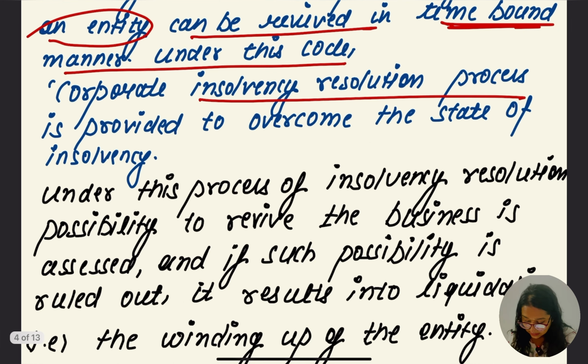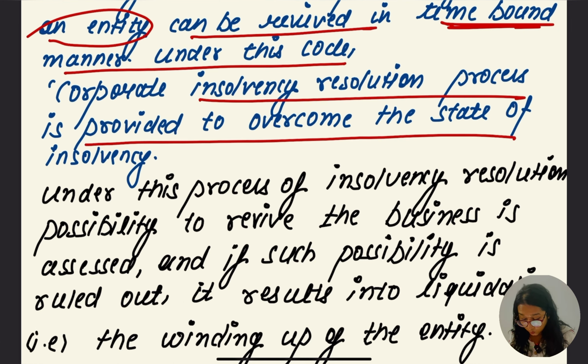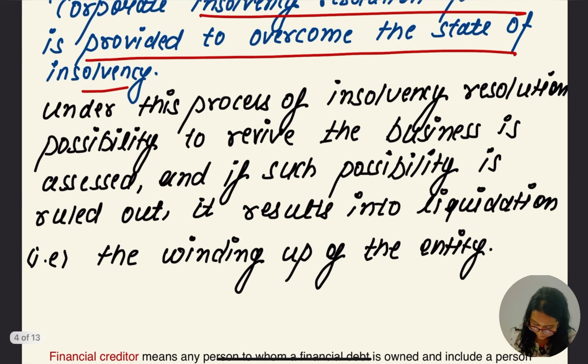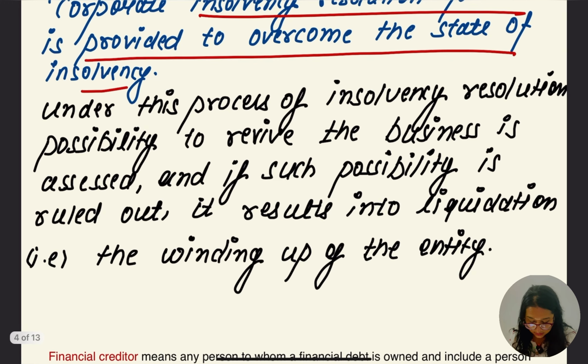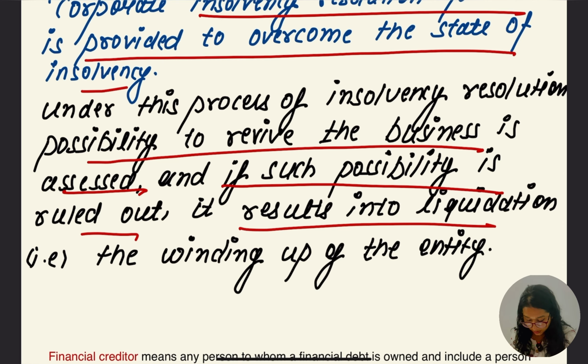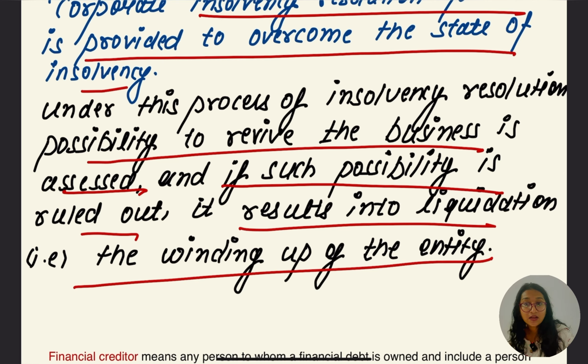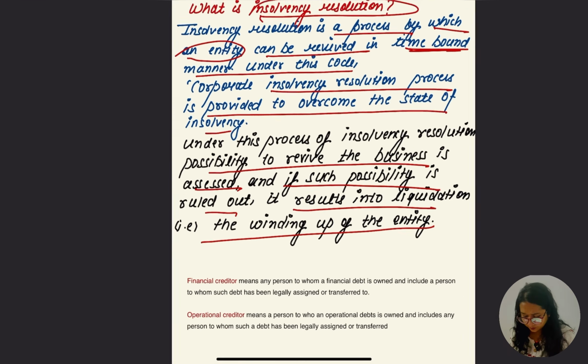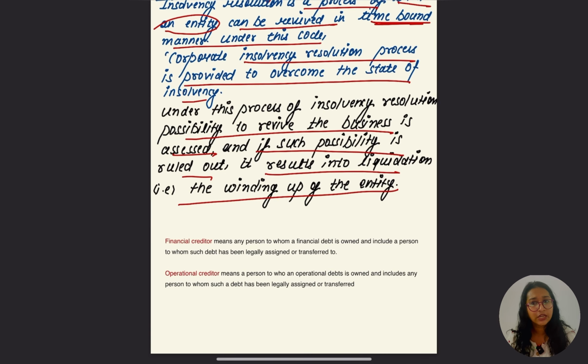The corporate insolvency resolution process is provided to overcome the state of insolvency. Under this process, the possibility of reviving the business is assessed, and if such possibility is ruled out, it results in liquidation, which means the winding up of the entity. This was written in very simple language, so you get my point.